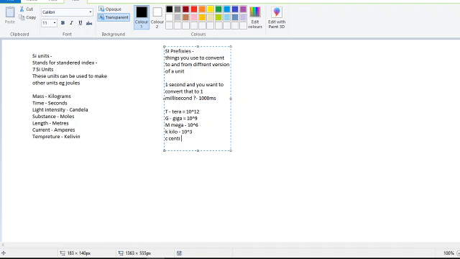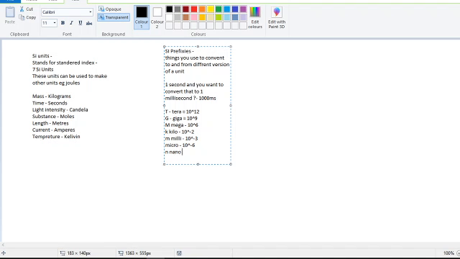C, and that's centi, and that is 10 to the minus 2, and then it literally just goes back up again, so it loops. So M, milli, is 10 to the minus 3. Micro, I can't do the symbol, is 10 to the minus 6.